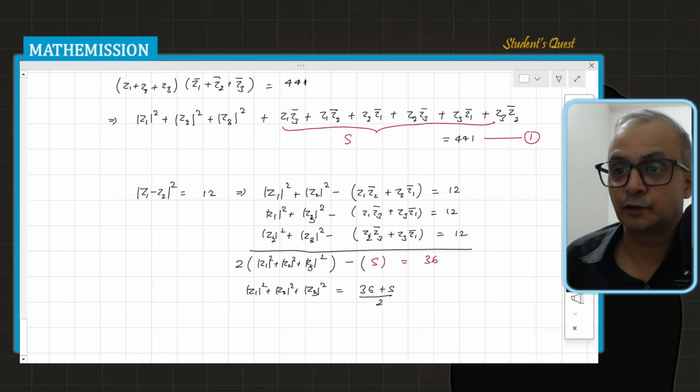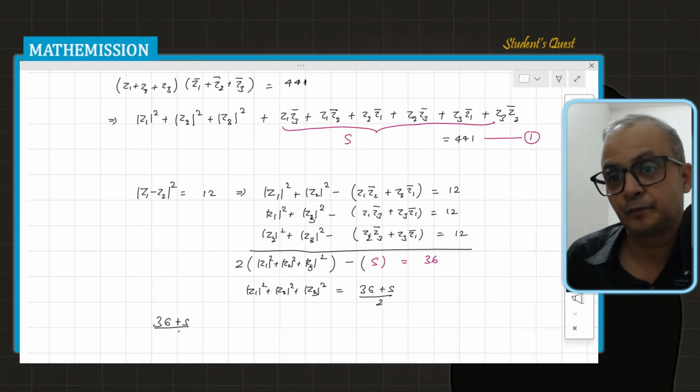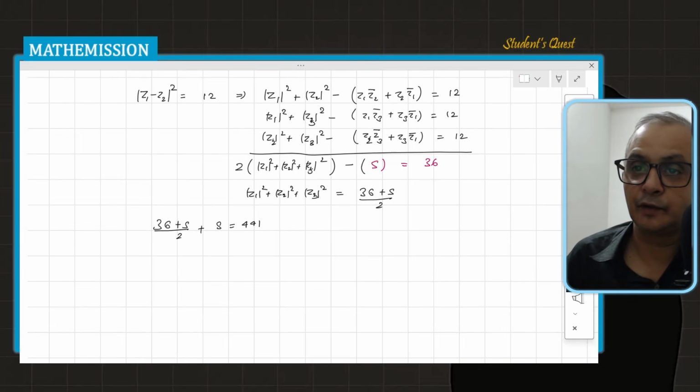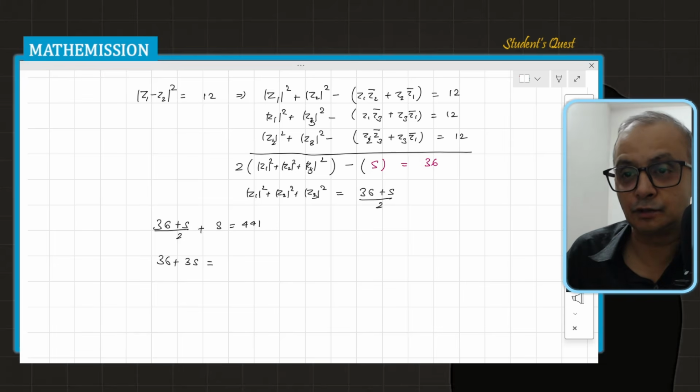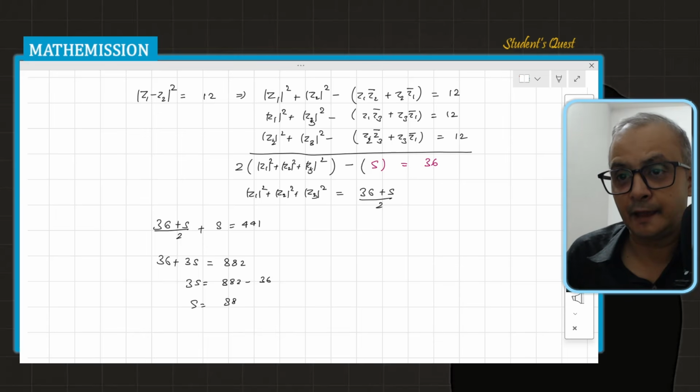We get 36 plus s by 2 plus s is equal to 441. From there we get 36 plus 3s is equal to 882, so 3s is equal to 882 minus 36, so s is equal to (882 minus 36) by 3.